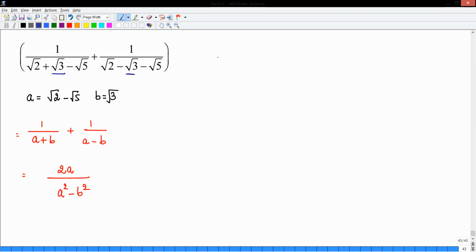What is a square minus b square? A square like 2 plus 5, root 5.